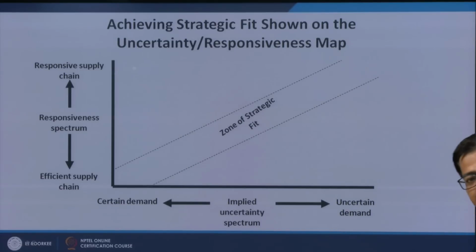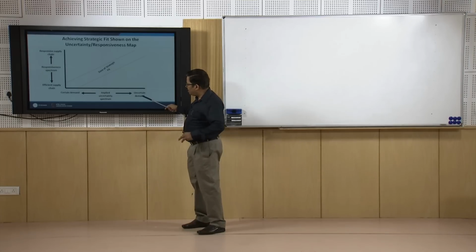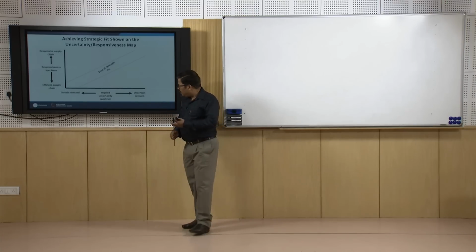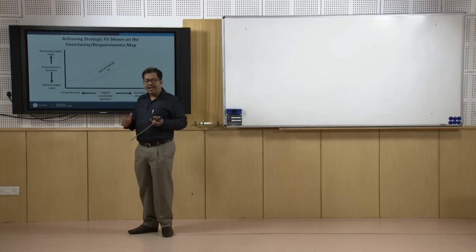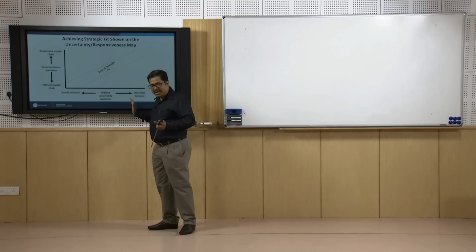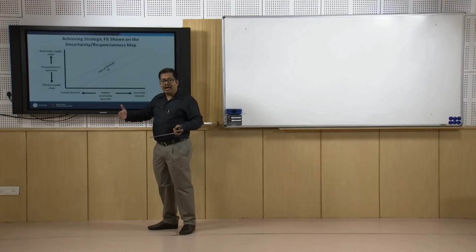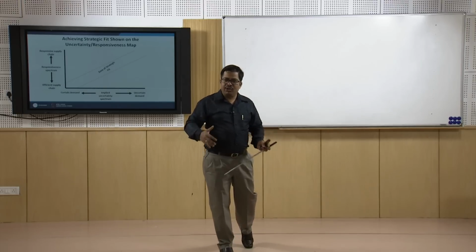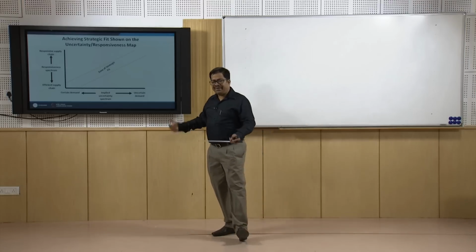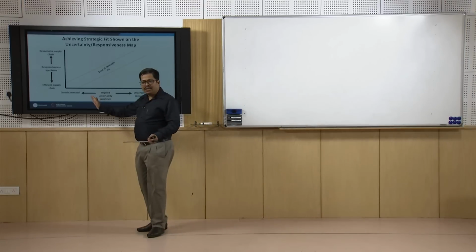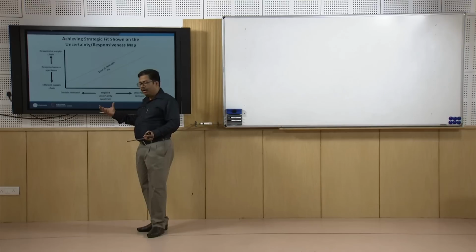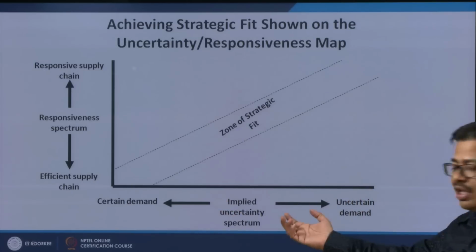So, you continuously need to be very watchful about the uncertainties, and I must caution you that a company's position, a supply chain's position on this uncertainty spectrum may change as you move from one market to another market, as time changes, as you launch new products. So, with respect to all these factors, your position on this uncertainty spectrum may change, and therefore, you have to be watchful about changing positions of your supply chain on this spectrum.